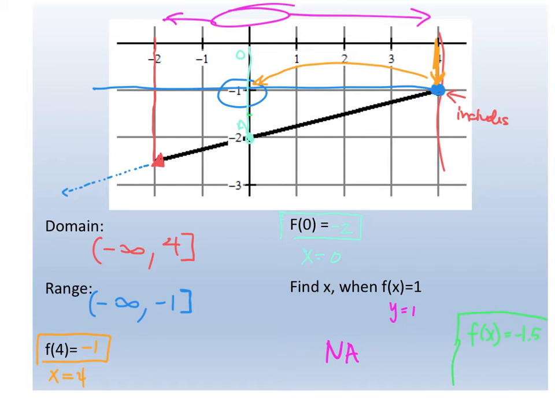Negative 1.5 would be somewhere here. And it touches right here. So what's your x value? It is 2. So you would say function of 2 is equal to negative 1.5. Okay, again, that was an extra example. You do not have to copy it. It was just an extra example. I'm being extra.